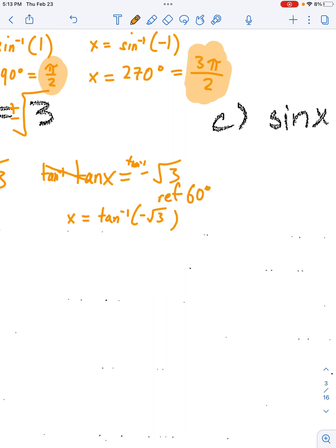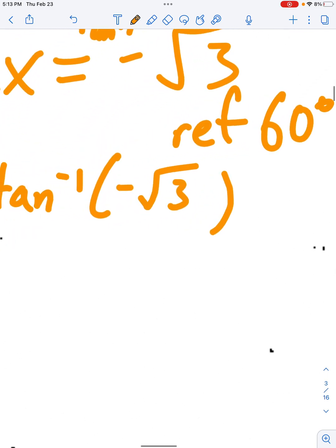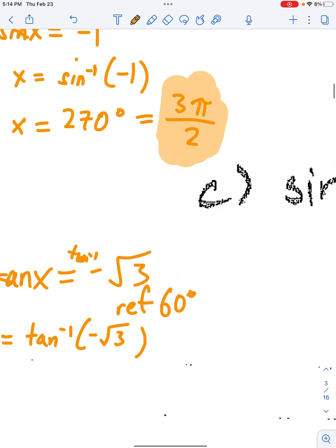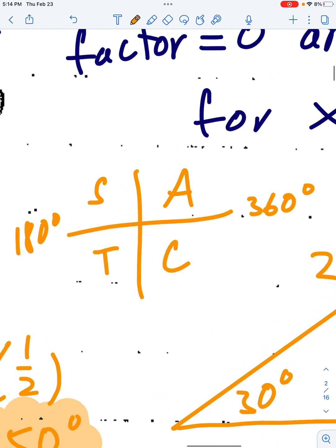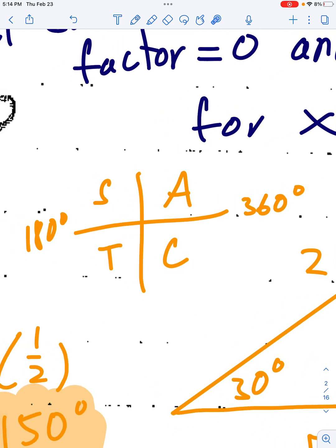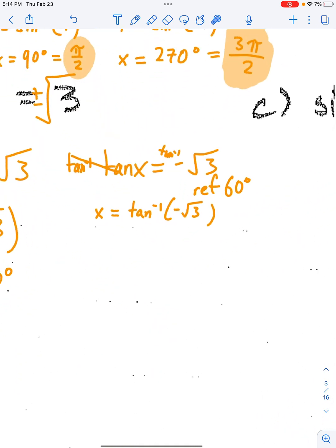That's not one of our answers this time because it has a tangent of positive root 3, which is not what we're looking for. I want the angles now that are in the S and C quadrants. For the one in the S quadrant, I'm going to do 180 minus my reference, 60 degrees. For that angle in the C quadrant, I'm going to do 360 minus my reference. So 360 minus 60 and 180 minus 60.